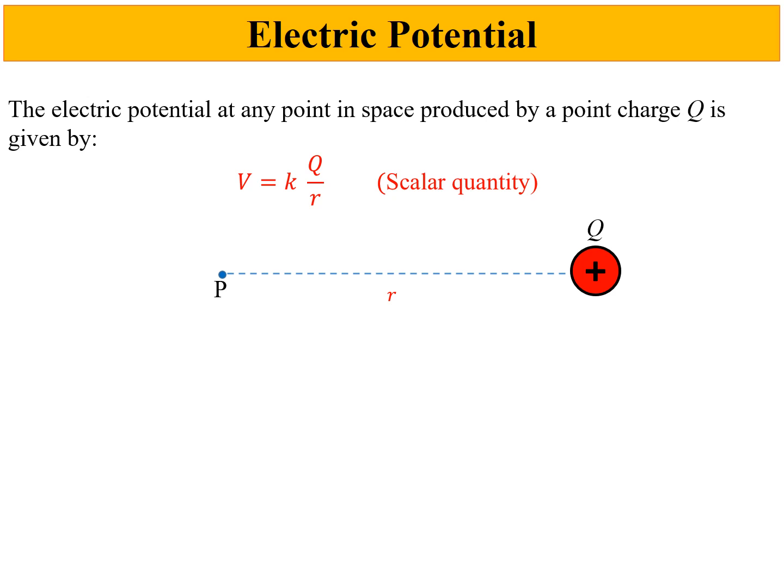So simply here you find a number, you just multiply K by Q over R, and if the charge is positive, then the potential V here will be positive, and if the charge here is negative, the potential here will be negative.